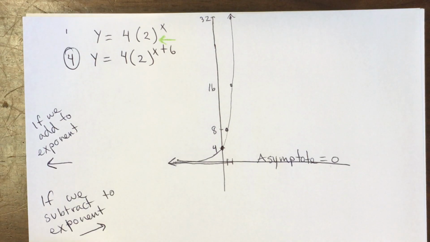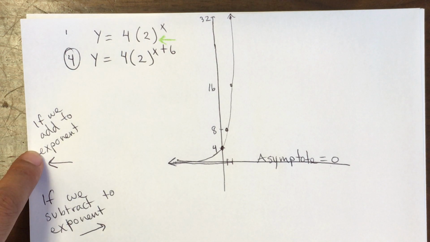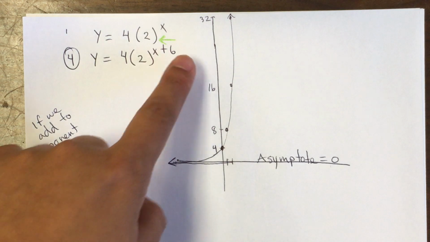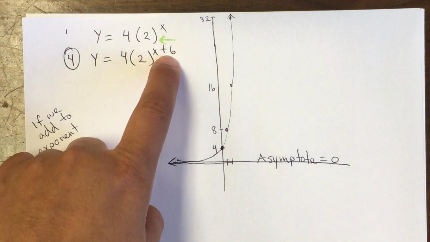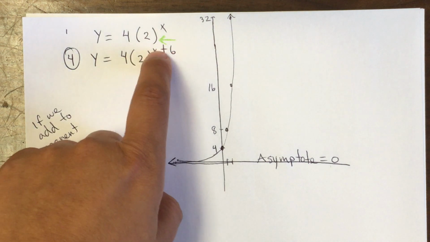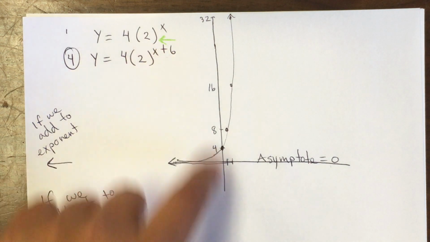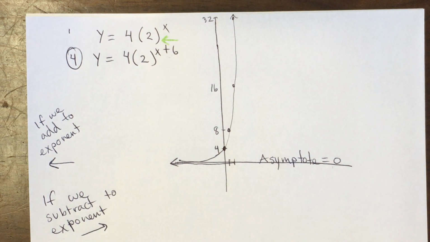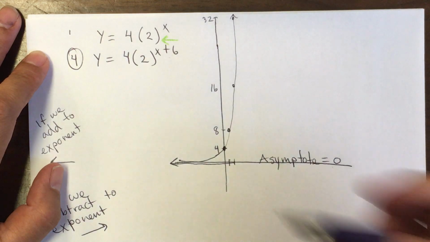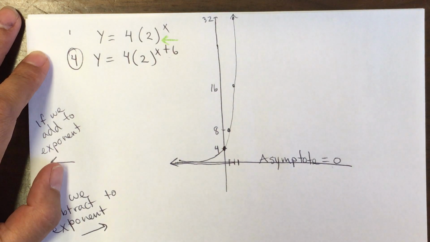If we add to the exponent, we're going to move every point to the left that many spaces. If we subtract from the exponent, if it was minus, then we would move it to the right. But in this case it is addition, so we're going to move it to the left. How many spaces? It's going to be 6 spaces.